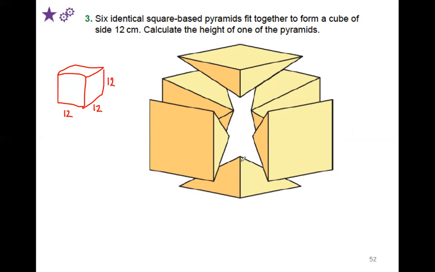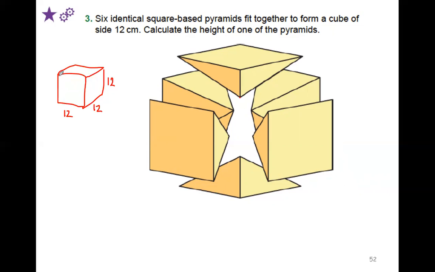And you know it's a third times the height times the base. If it's a 12 by 12 base, then you know what the area is. To find the height, because you've got 6 equal pyramids here, that distance is exactly the same as this distance.